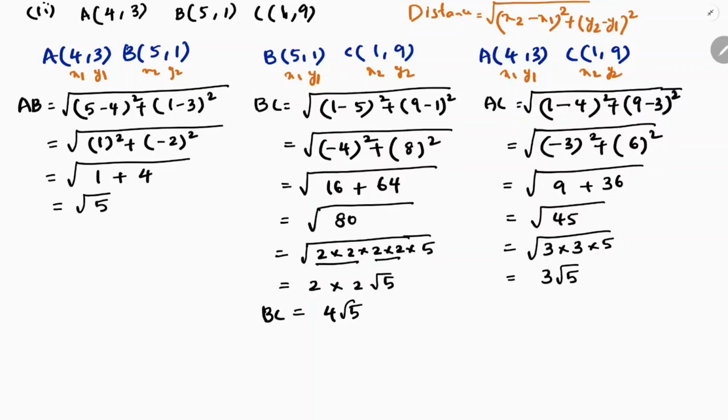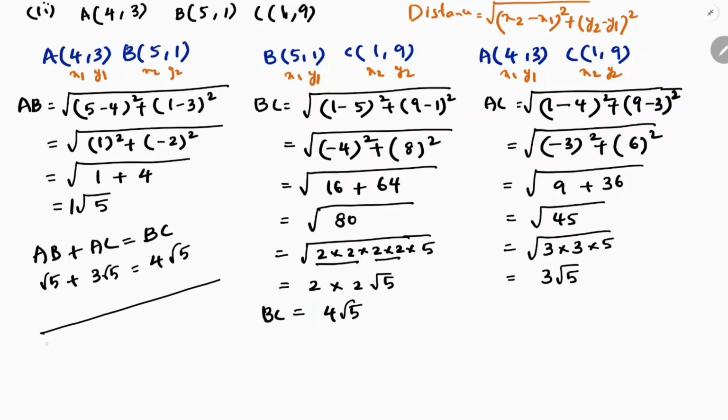Now see here, these points will be collinear because AB is root 5, and if you add AB plus AC, that is equal to BC. Root 5 plus 3 root 5 equals 4 root 5. So the diagram will be like this.